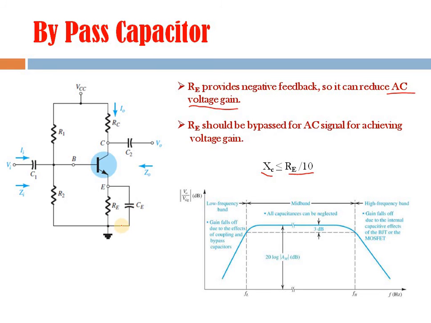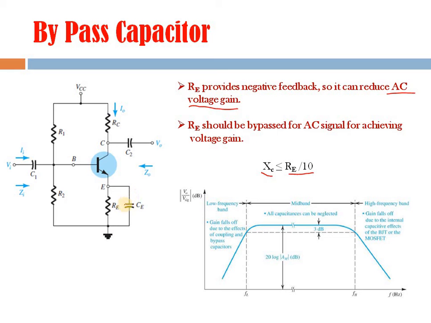So when we use this arrangement for AC signal amplification, most of the time we apply this bypass capacitor to avoid negative feedback to the AC signal, otherwise we get a reduction in the voltage gain. But suppose we want low gain and we want other benefits of the negative feedback.